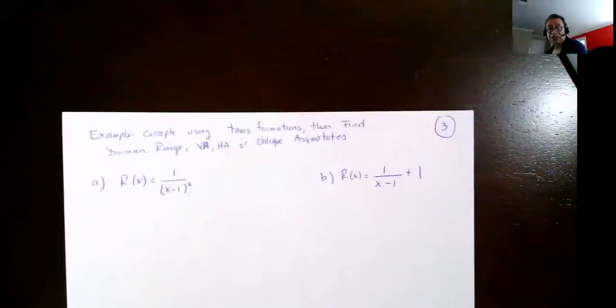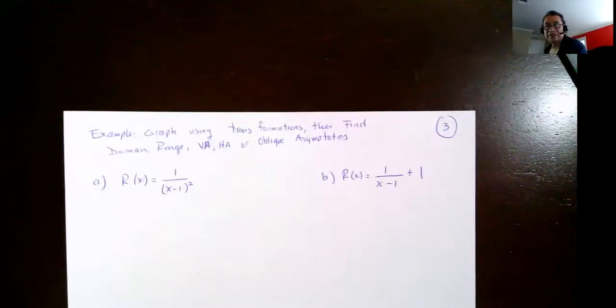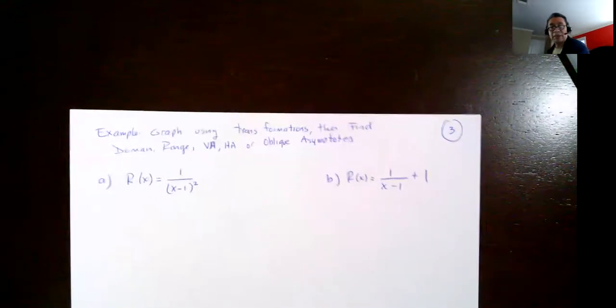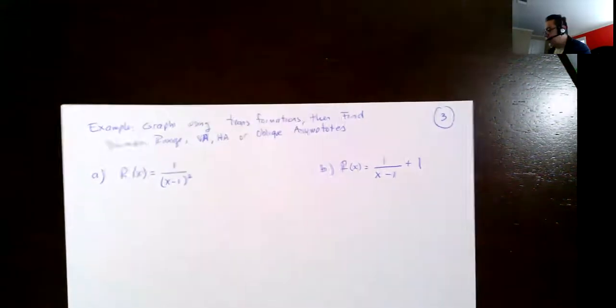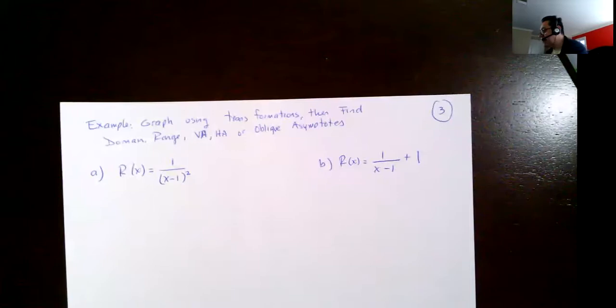Let's continue with this page, which is the last page of this section. It says, example: graph using a transformation, then find the domain, the range, the vertical asymptotes, and the horizontal or oblique asymptotes. So notice here, r of x is equal to 1 over (x minus 1) squared. We're going to be using transformations to graph it.